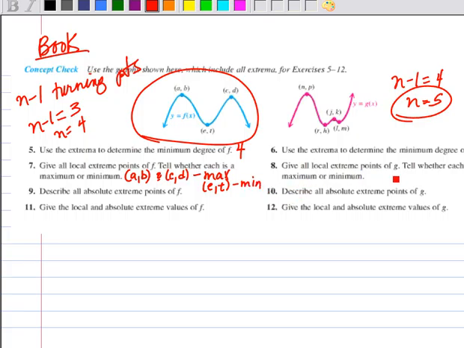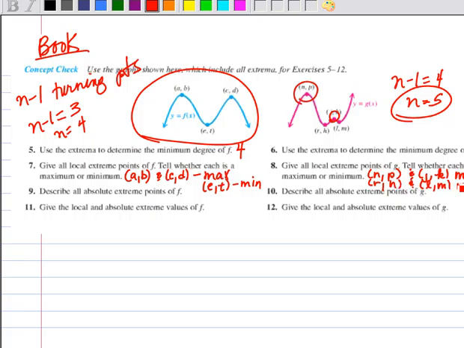The local extreme points of G, well, we have what? N, P and J, K are max. Now remember what it means to be a max. In an area, it's the highest point. It's a peak. And the minimum would be R, H and L, M would be min.